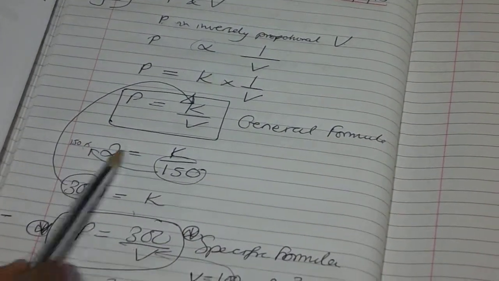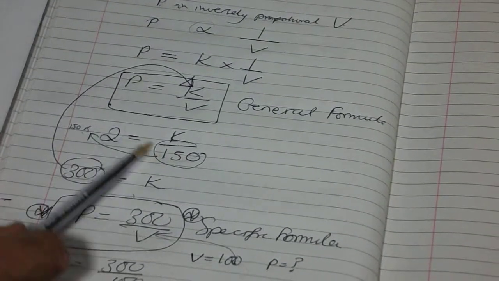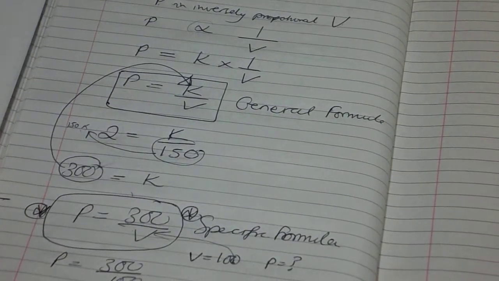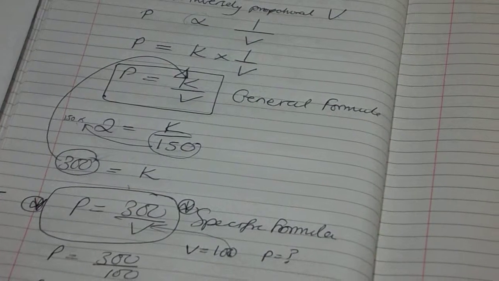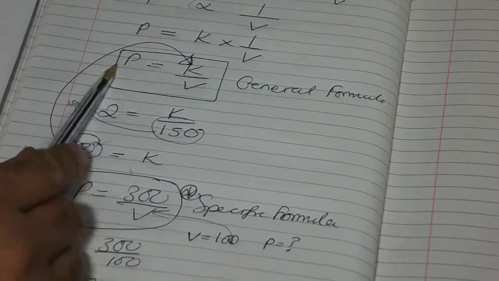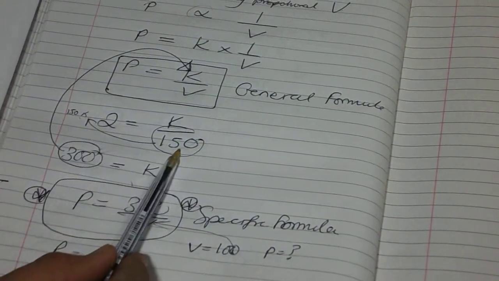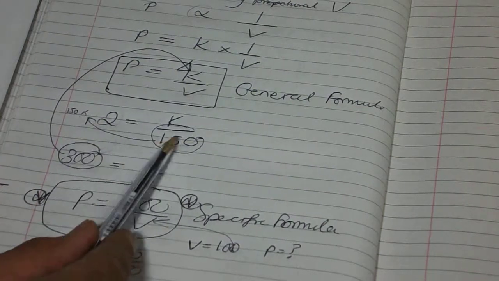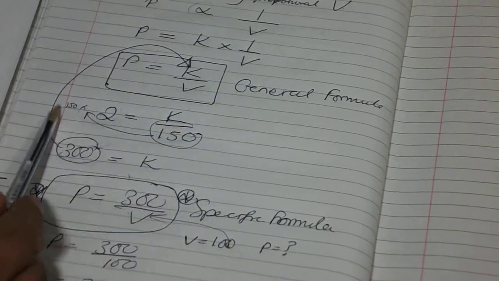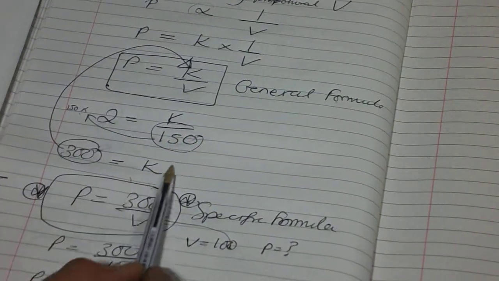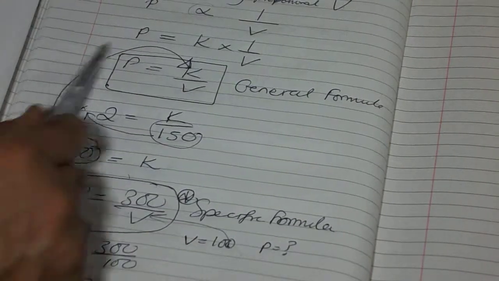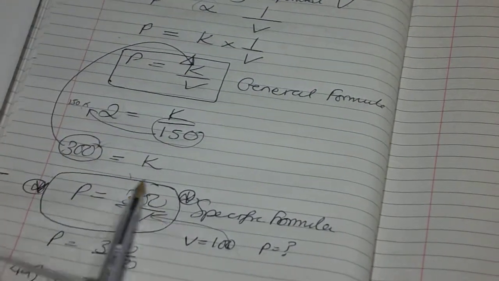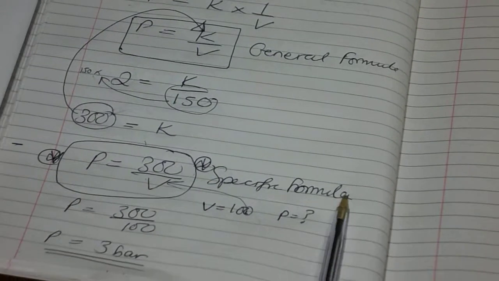They give us a pressure and its corresponding volume. So using these two, we can rearrange the equation, opposite divide is times, and work out K, the constant of proportionality. We substitute that back into the K part, and that gives us this new formula. We call this the specific formula.